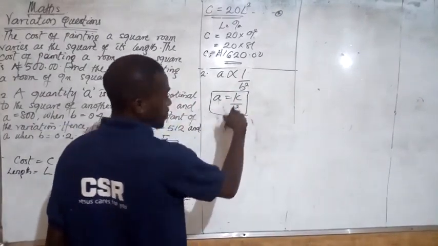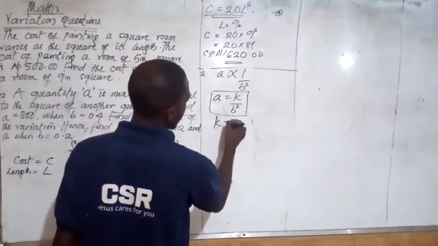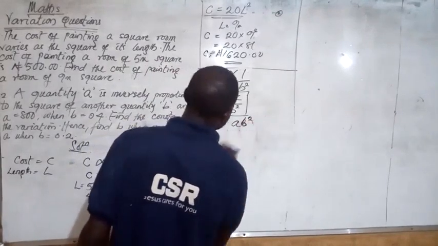Now, it means that we'll be solving for K. K will here be equal to AB squared.